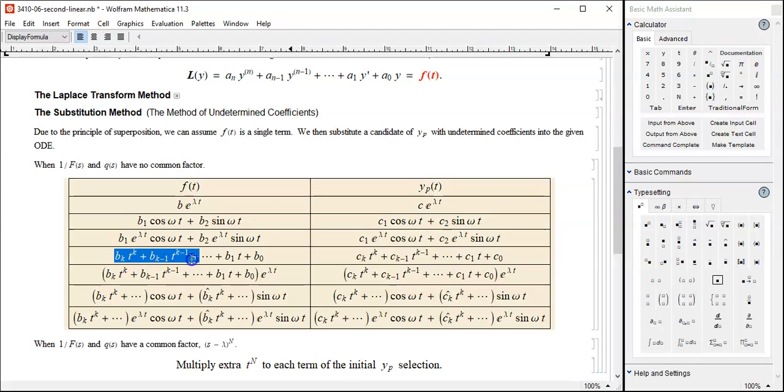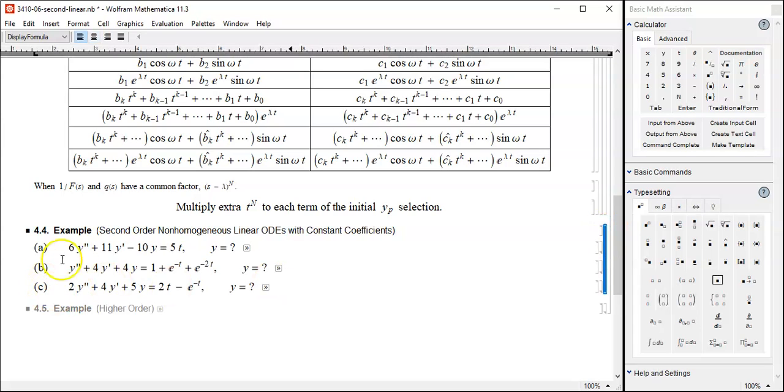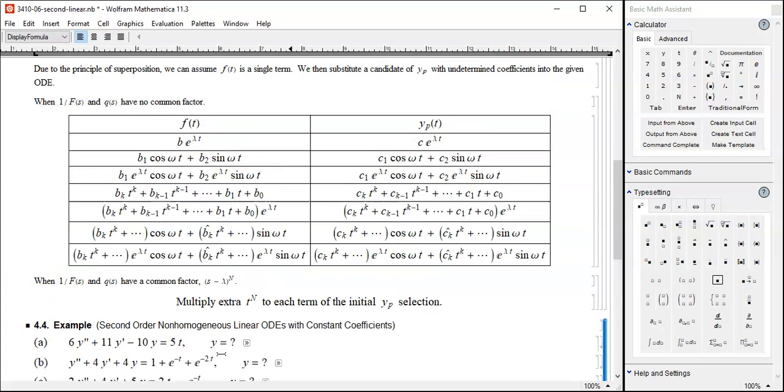The special case: if we have a polynomial of degree k, then we begin with a polynomial of degree k. That's what we did in the previous problem. And of course, we have to consider other cases as well, and we're going to do those in other problems. There are 2 more exercise problems here, and we're going to talk about those in separate videos. For now, let's stop here.